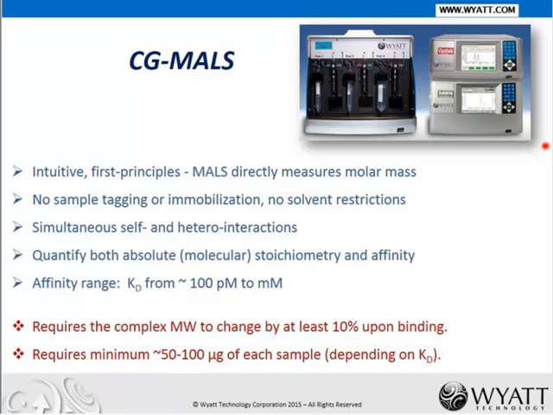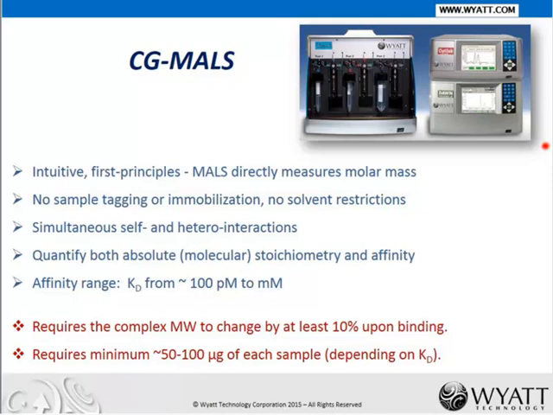There's no need for sample tagging or immobilization. There's also no solvent restrictions. It can measure not only hetero interactions, but also simultaneous self-association. It can quantify both stoichiometry from about 100 picomolar to millimolar.